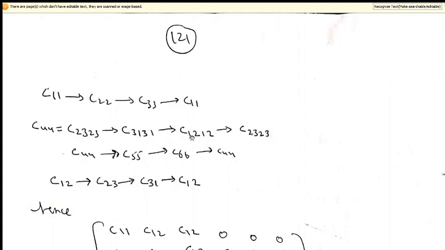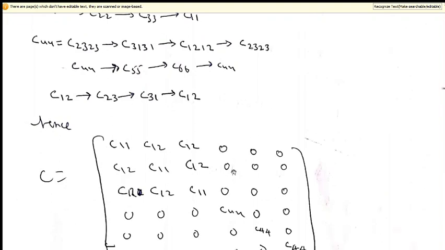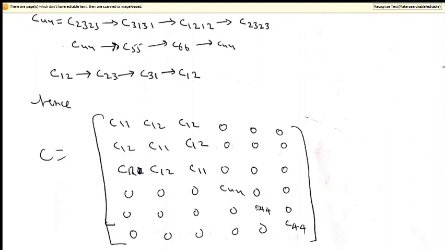Again when we apply the result on this, we have 1 goes to 2, 2 goes to 3, 1 goes to 2 and 2 goes to 3. It will go back to first. So we have C44, C55, C66, again C44. So all the other three diagonal components are same, C44, C55 and C66. They are written here, C44, C44 and C44.